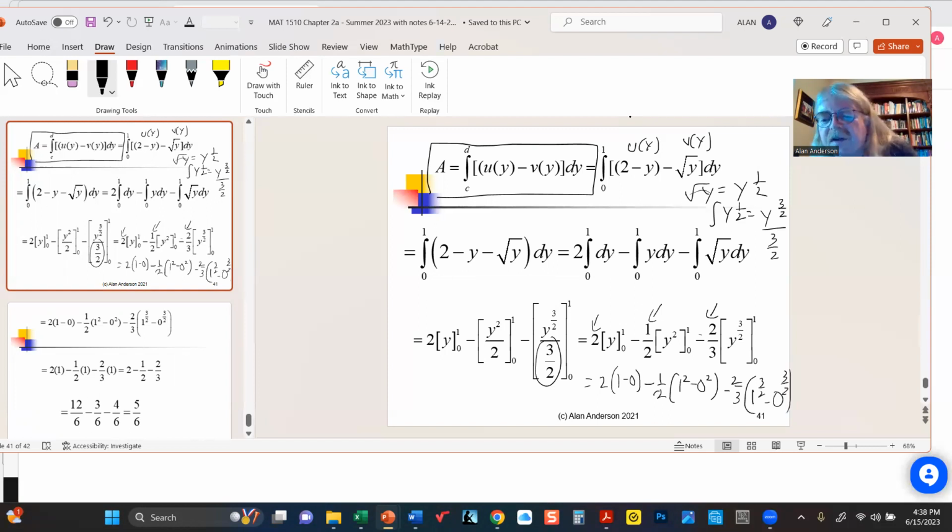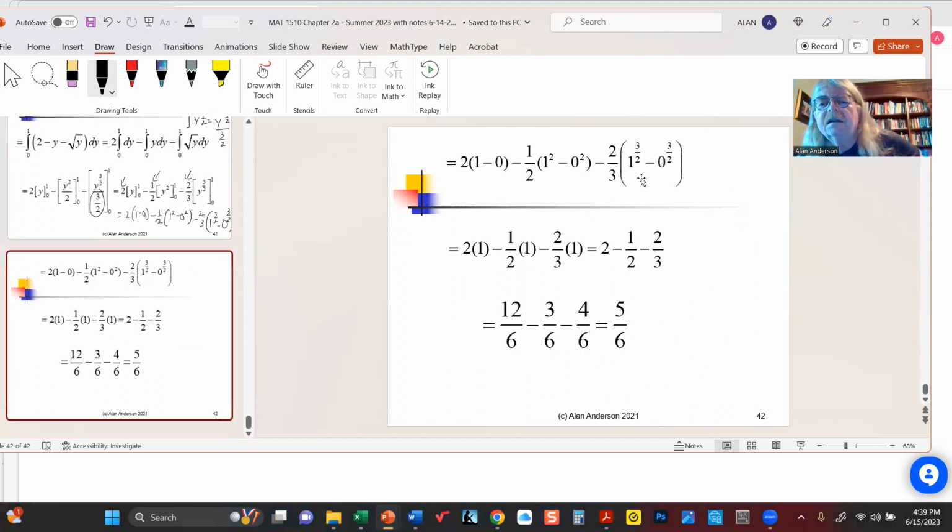I just barely squeezed it in there. But this is on the first line of the next slide anyway. I just wanted you to see what I've done. So remember, you're evaluating over the interval from 0 to 1. So you plug those in, and now you just solve.